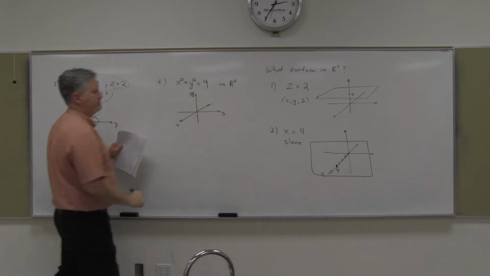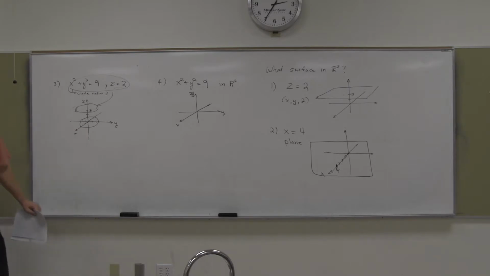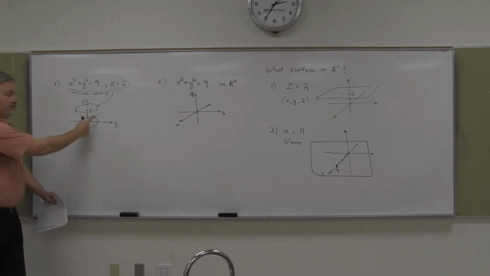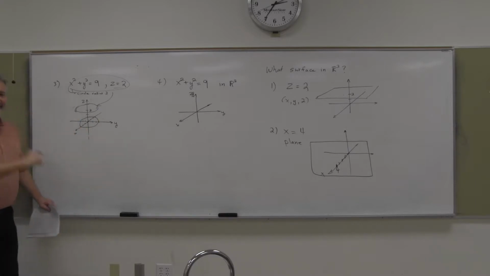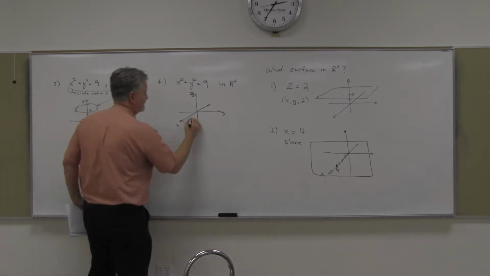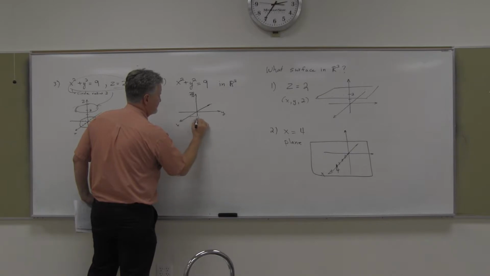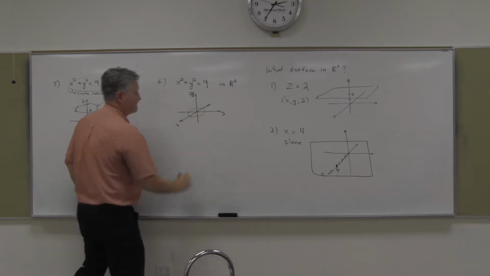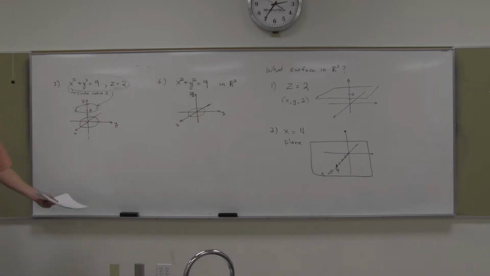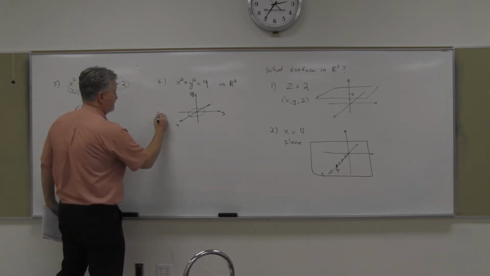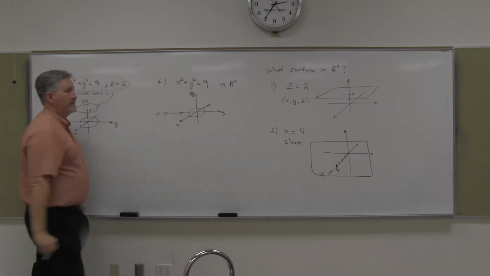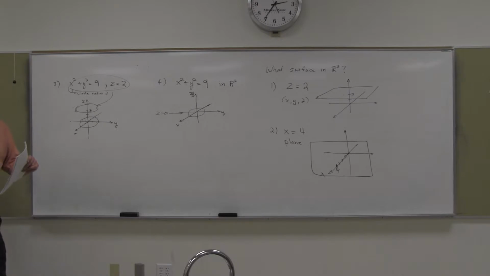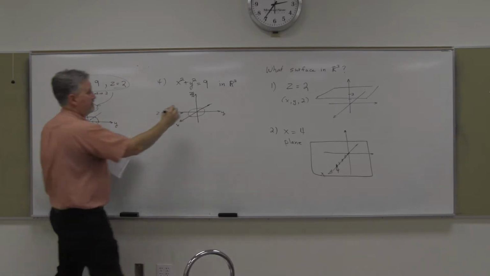Well, let's just think about it. We've got the circle where z equals 0. That's the one I tried to draw here, a radius 3 circle. But we've also got them at z equals 1, and z equals 2, and z equals 3. Let's put one up here at z equals 3.